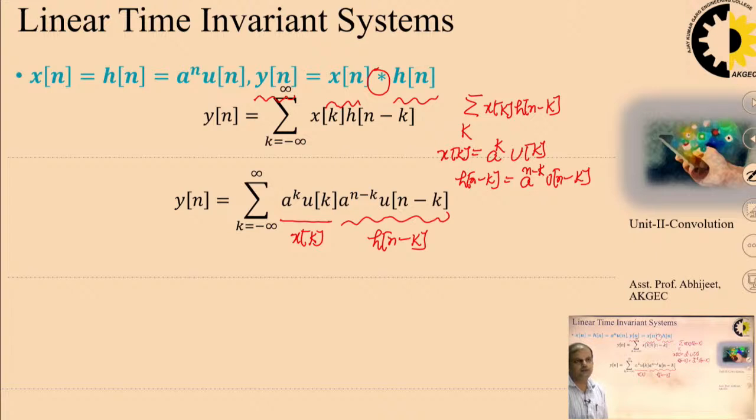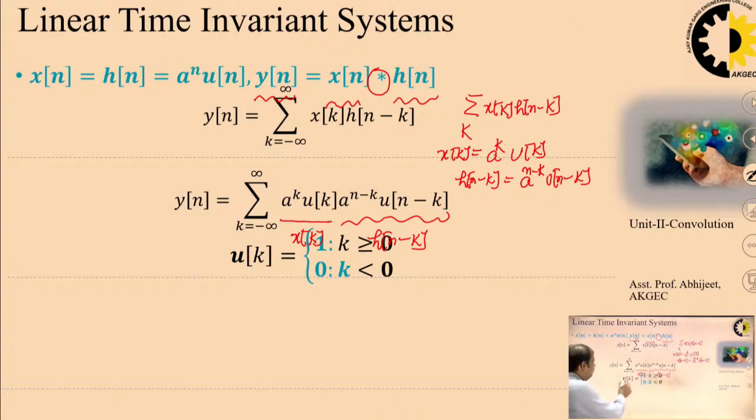The summation is for the variable k, remember, and k starts from minus infinity to plus infinity. Now we will use u of k to change the limits of summation. So first of all, we know that u of k is 1 for k greater than or equal to 0, and it is 0 for k less than 0. So of course the summation which starts from minus infinity shall start from 0.